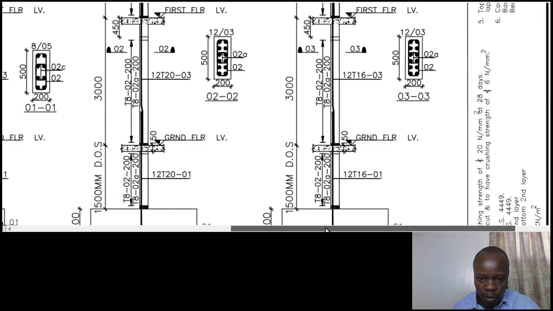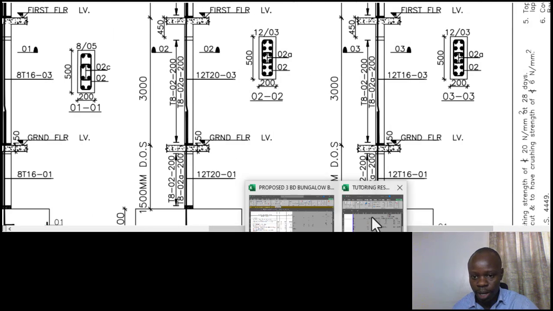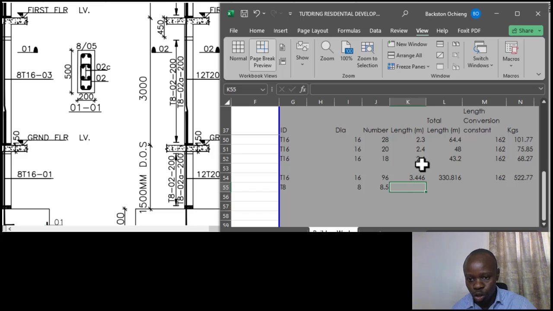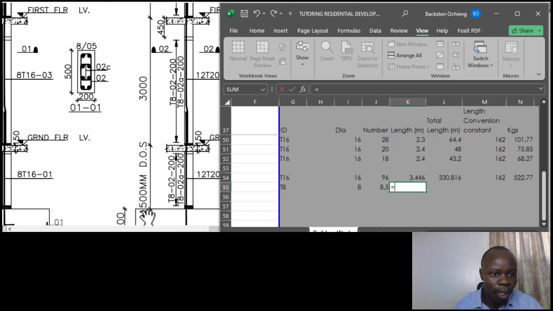So once you've known that, then we get back to our Excel sheet and continue with our calculation. So this is it now. First of all, the column is 500 by 200. So it equals, we need to get the length.